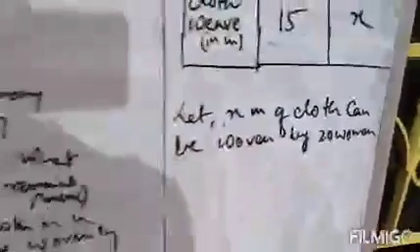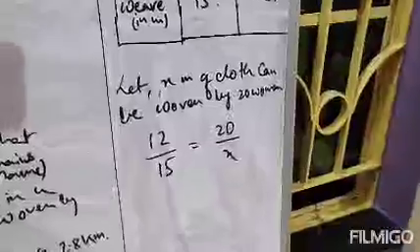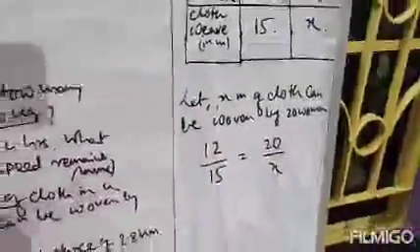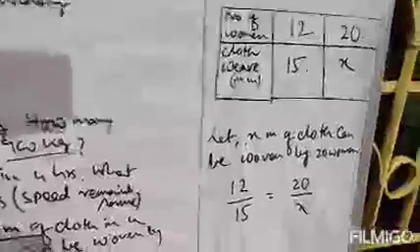Now same as previous questions, this is your x, this is your y. So x by y is 12 by 15. This is your x, this is your y, that means 20 by x. That means x by y equals x by y, because we know in case of direct variation x by y will remain constant. That is the rule of direct variation. So we will apply this rule in direct variation questions.